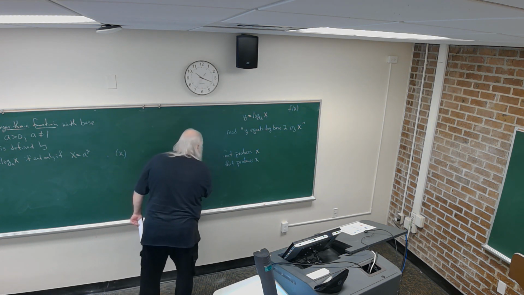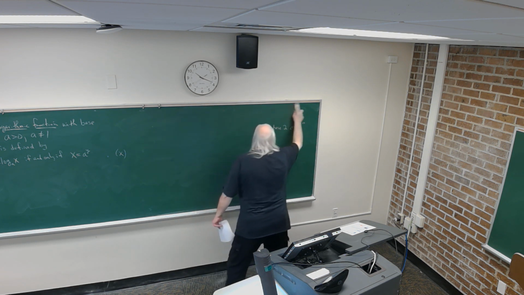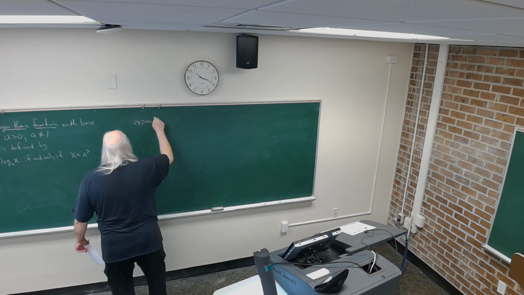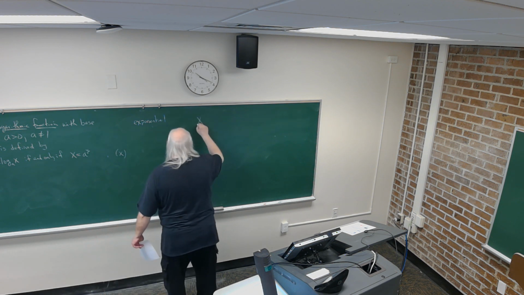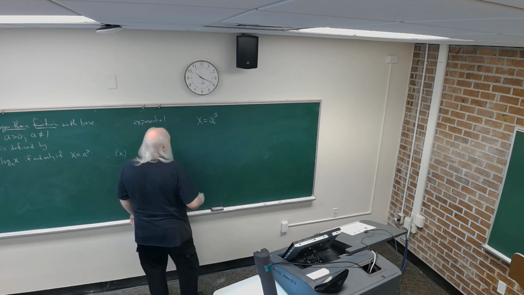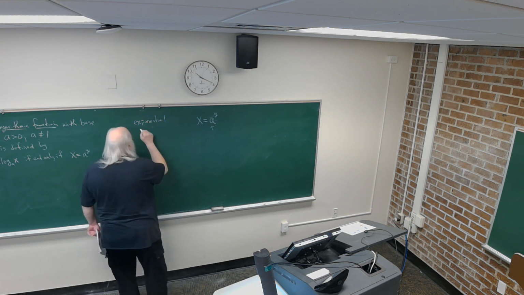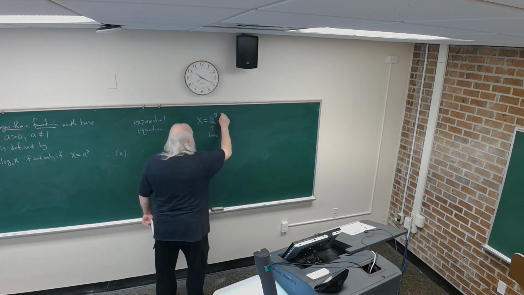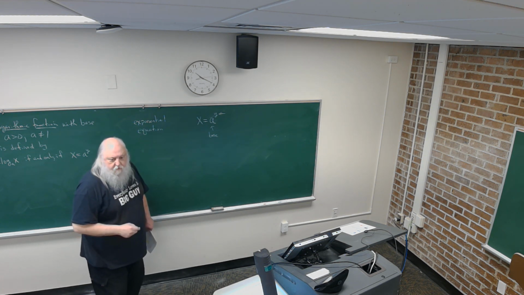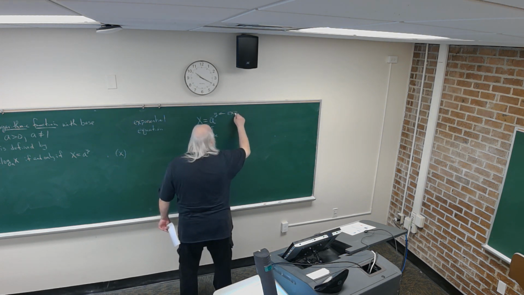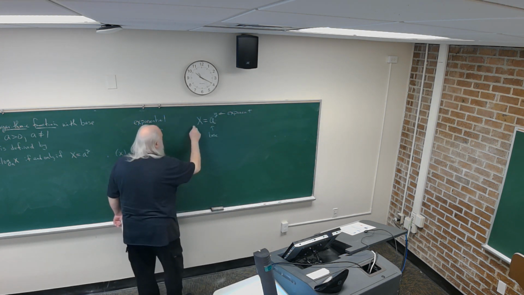So let's look at these two equations, how they're set up. We have the exponential equation, x is equal to a to the y power. In this exponential equation, a is the base. We're talking generalities now, we're not plugging any numbers in. a is the base of the exponential, y is the exponent in the exponential, and x is the value of the exponential.